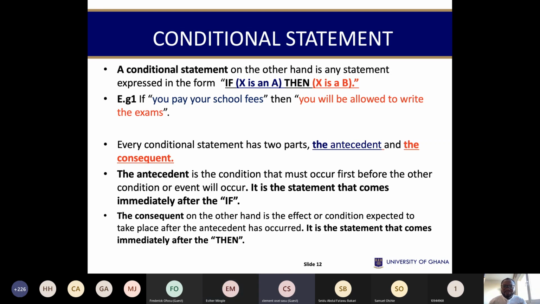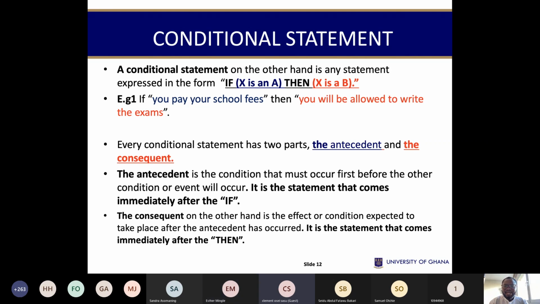There's a technical name for the first part of a conditional statement, and there's another name for the second part. The first part is called the antecedent. The second part is called the consequence. So if you pay your school fees is the antecedent.